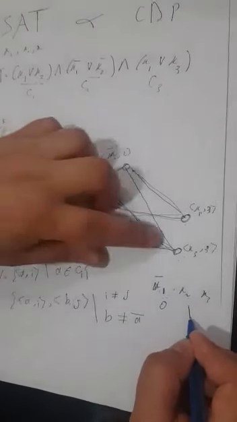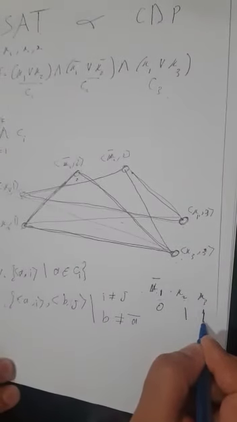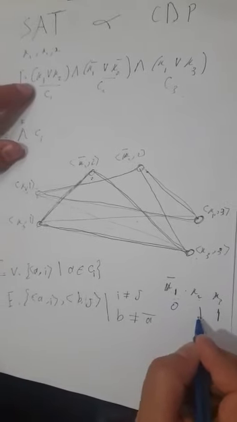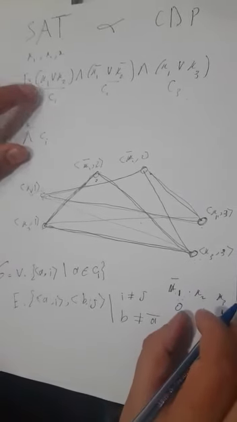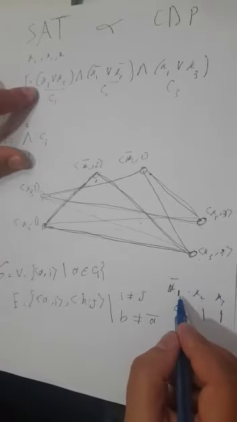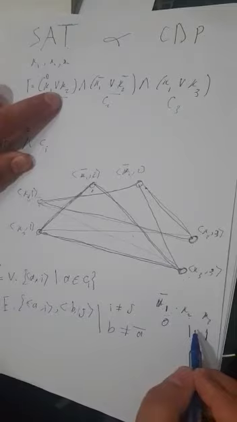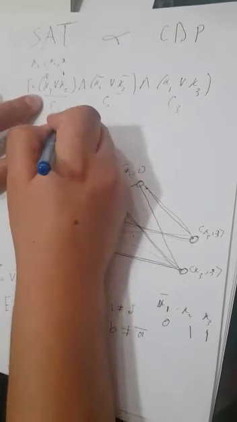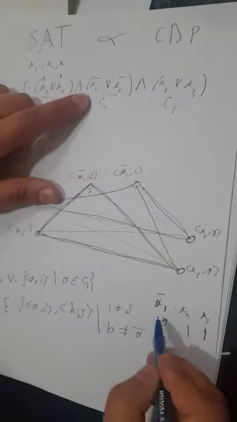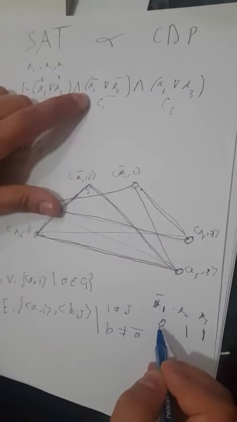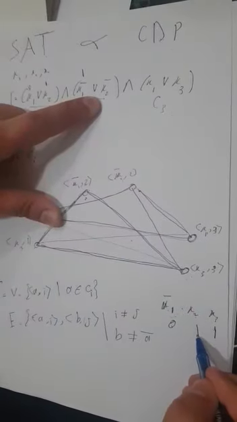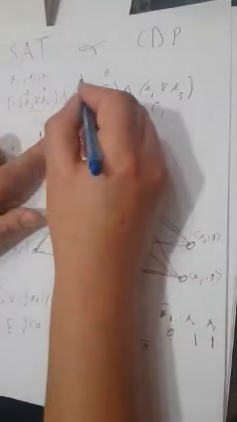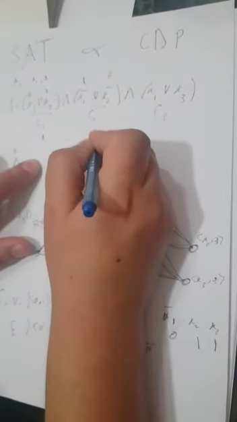and x2 is 1, x3 is 1. So we will apply those values in our formula. x1 is 0 and x2 is 1. So 0 or 1 is 1, and x1 dash, 0 dash will be 1, x2 is 1, 1 dash will be 0, so 1 or 0 is 1.